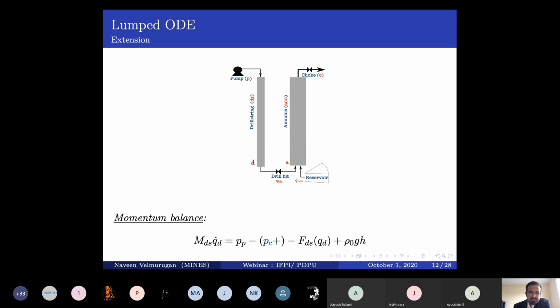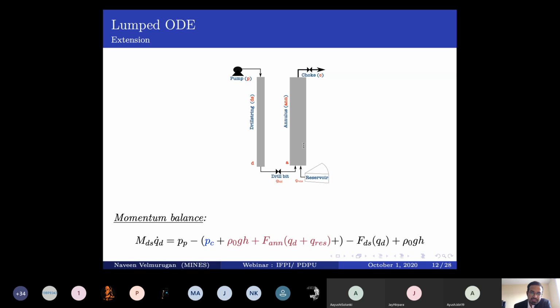So you want to come to this particular point, but you start from the right hand side. You start with the pressure at the choke, which is the surface pressure. Then if you come down to the bottom, you have the gravitational term. So the pressure at the bottom of the annulus is given by the surface pressure, that is choke, then you have the hydrostatic head plus some frictional terms because of the fluid flow, right?